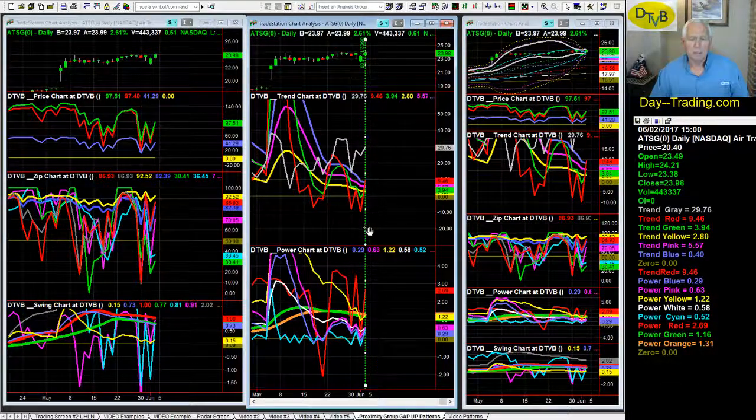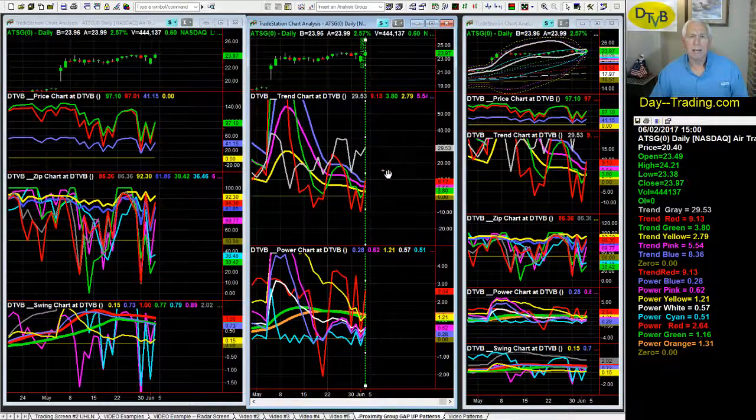Those 3 make up the big 3. And so when we see 2 of those 3 in divergence, we identify something. And what we've got right here is just a classic move in a gap down situation.